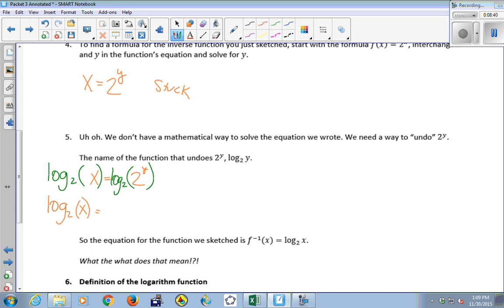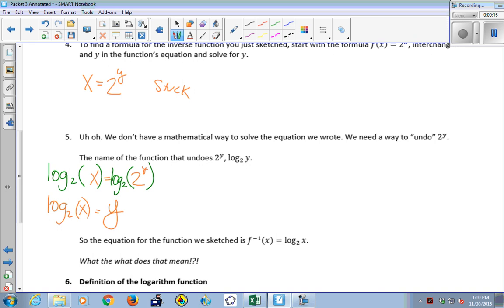I just made up a name for it, called it the log base 2. It's the thing that undoes 2 to the y. So if you take log base 2 of 2 to the y, you get the y back. You don't get the 2. The 2 goes away. Mathematicians invented this function so that it would get the y by itself when you were raising 2 to a variable. You could take log base 2 of it and it will get the y by itself.